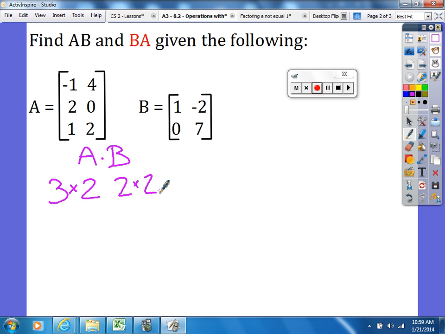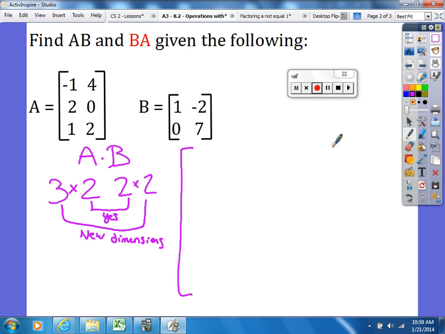Okay. If the middle two numbers are the same, you can multiply them. So this says, yes, we can multiply them. And if you say yes, the outside numbers tell us the new dimension. So I'm going to make a brand new matrix that's a 3 by 2.